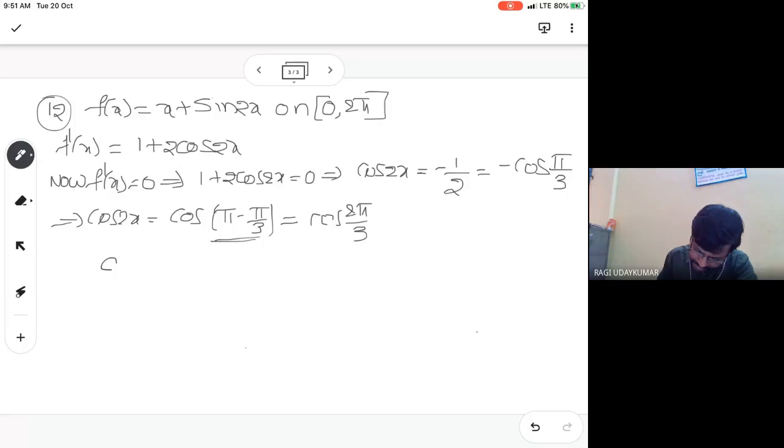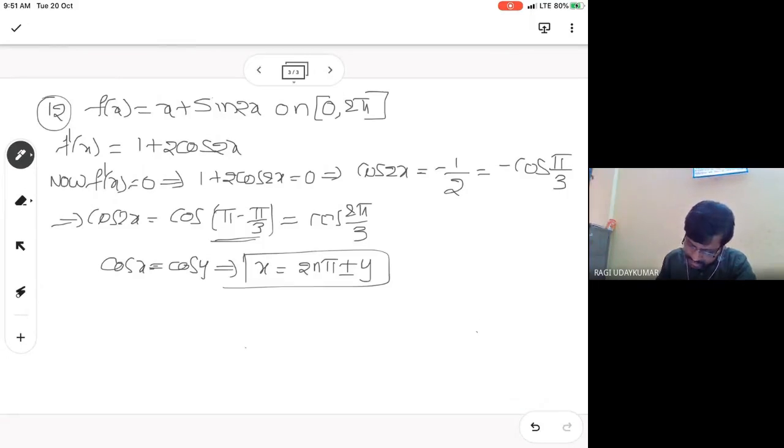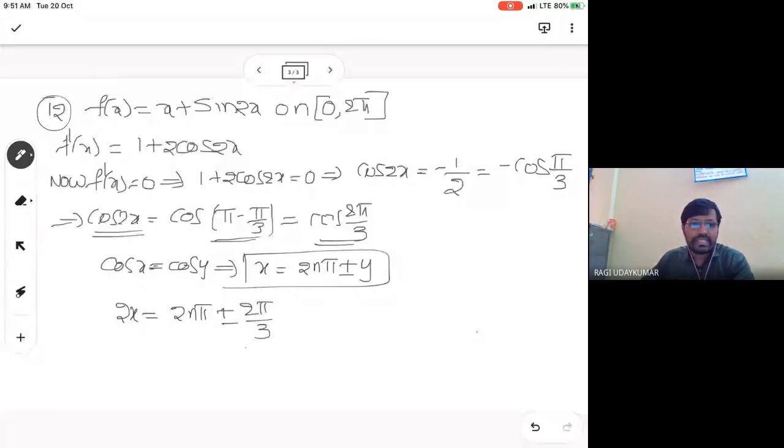See here, cos x equals cos y implies x equals 2n pi plus or minus y. So this is the thing. Here we have cos 2x and cos 2 pi by 3. So from this you are going to get 2x equals 2n pi plus or minus 2 pi by 3. Isn't it?